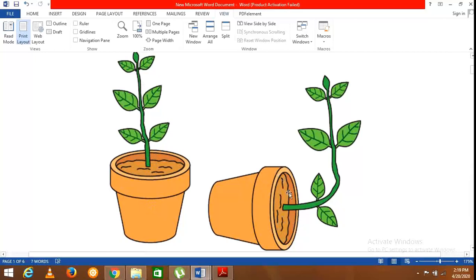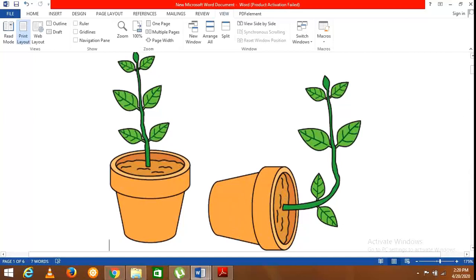If you keep this potted plant in this position, or when the potted plant is fallen, and once you keep it for a few days, you will find the stem of the plant grows upwards. That means the shoot apex again starts to grow upwards. And the roots, you will find that the roots have bent and they are growing downwards.